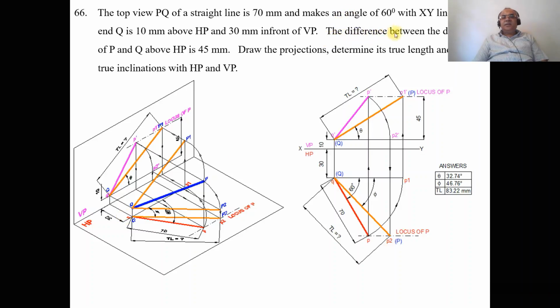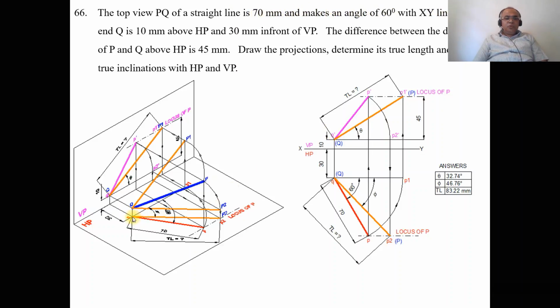Then, as it says, the difference between the distances of P and Q is 45 mm. So from Q you measure 45 mm and draw a horizontal dash-dot line, so that you get the locus of P in the front view. Then the top view PQ is 70 mm and makes an angle of 60 degrees with the XY line.